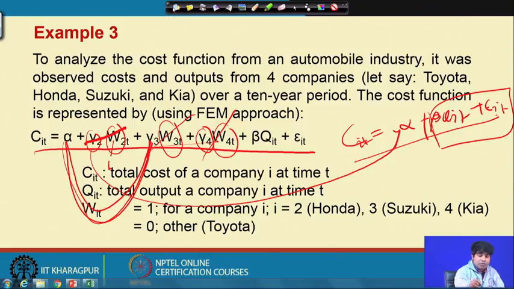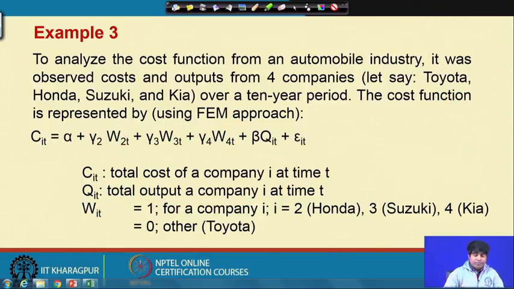Now, in order to elaborate in a more attractive way: C is the total cost of company i at time t, and Q is the total output of company i at time t. W_it is the dummy variable, which is 1 for company i, where i varies from 2 to 4, and 0 otherwise.